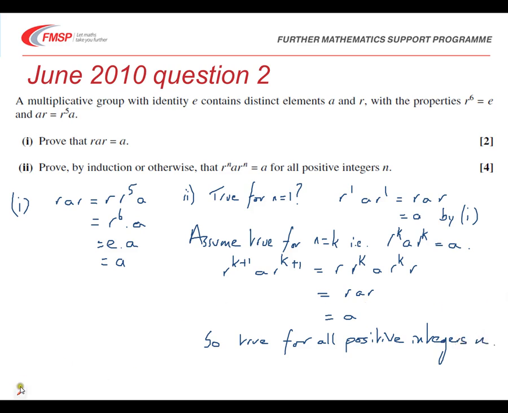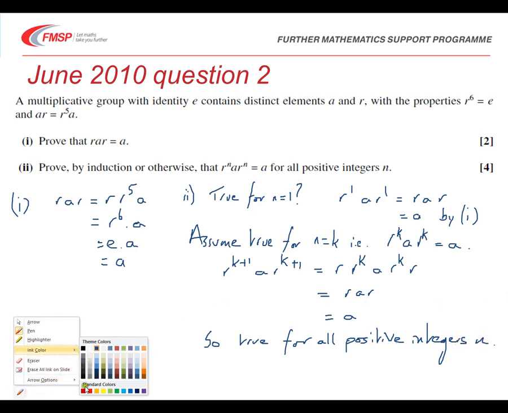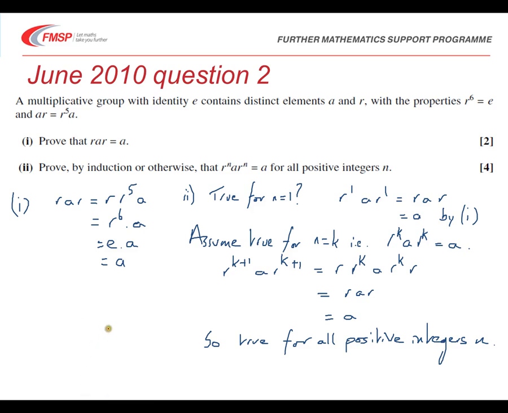Let's take a quick look at the mark scheme for this question. We've got a method mark and an answer mark here. Then there's a statement mark of doing your n equals 1 case correct by part 1. A method mark for a correct inductive process here.